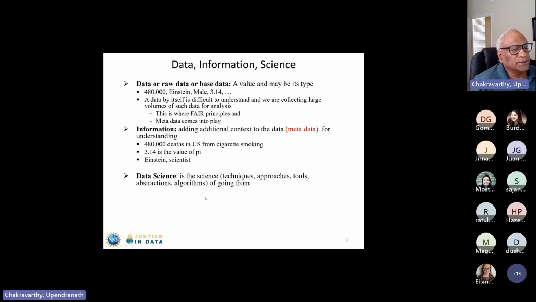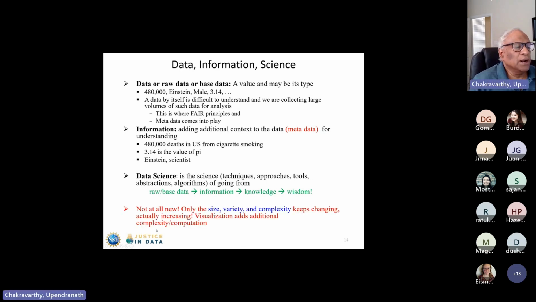So data science is the science of going from one form to another form. It can be a bunch of techniques, it can be approaches, tools, abstractions. We'll see all of this. We'll see some notions of abstractions in databases, for example, different tools in mining, and different ways of doing things. So not at all new. What is new is the size with which we can deal, and the variety of data.